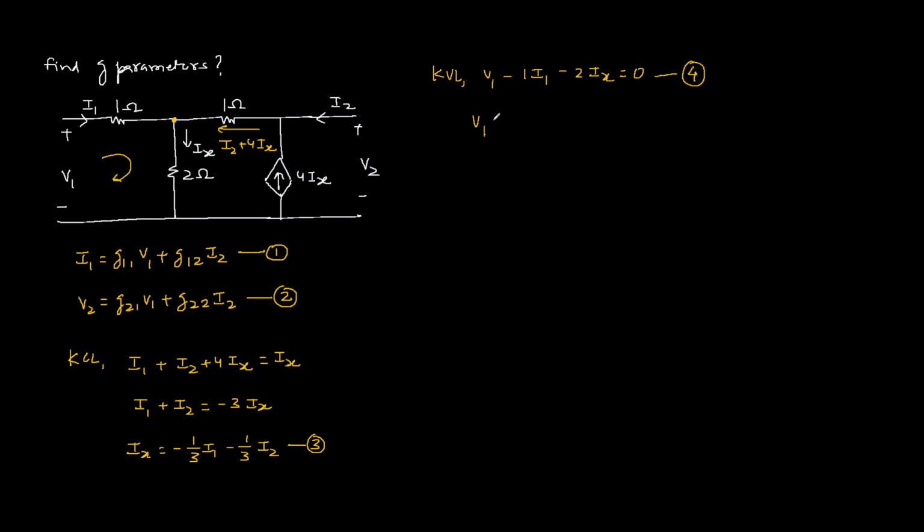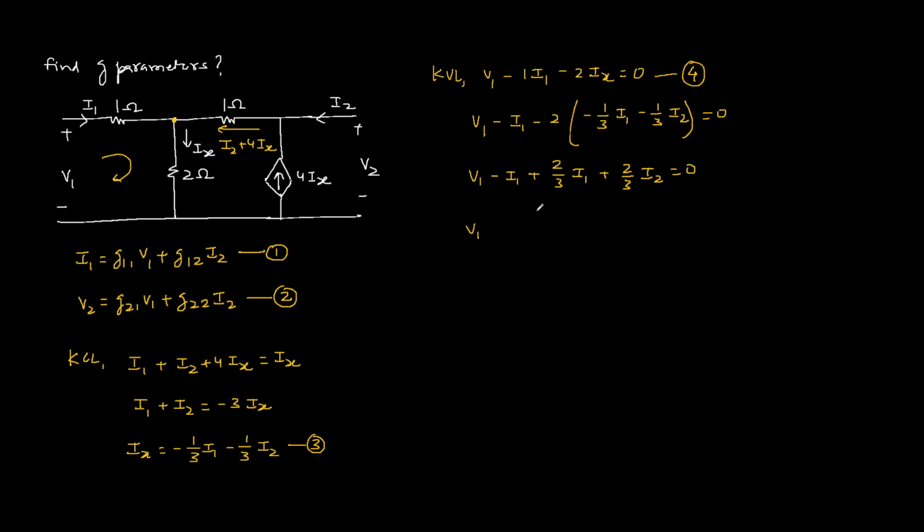So equation 4 is now V1 minus I1 minus 2 into minus 1 over 3 I1 minus 1 over 3 I2 equals 0. So V1 minus I1, and then plus 2 by 3 I1, then plus 2 by 3 I2.